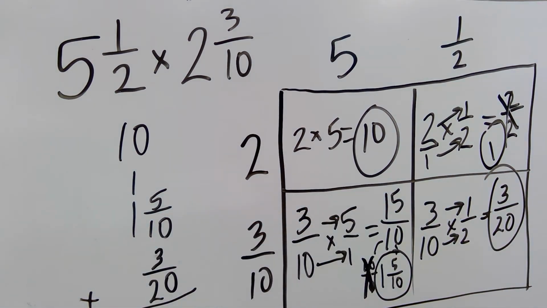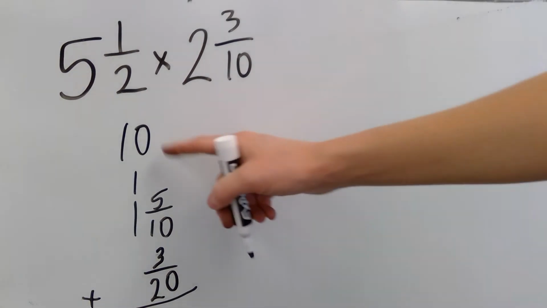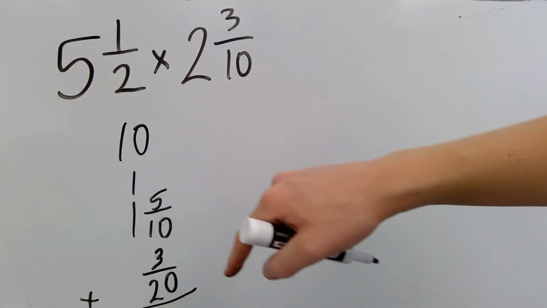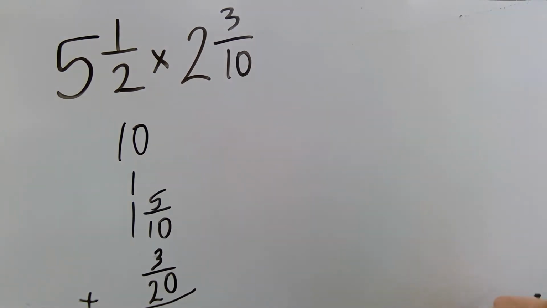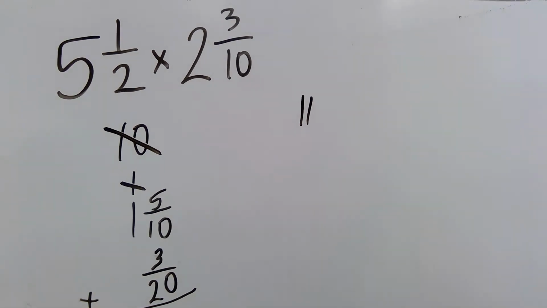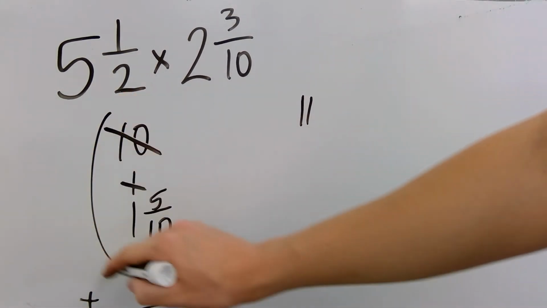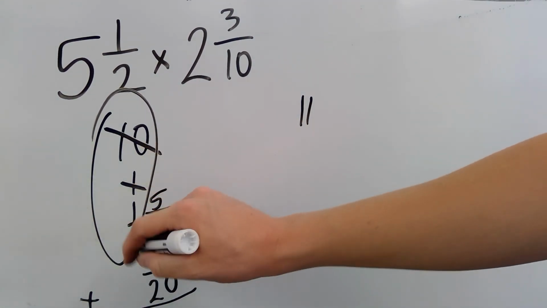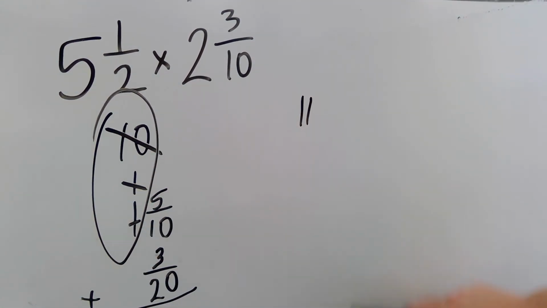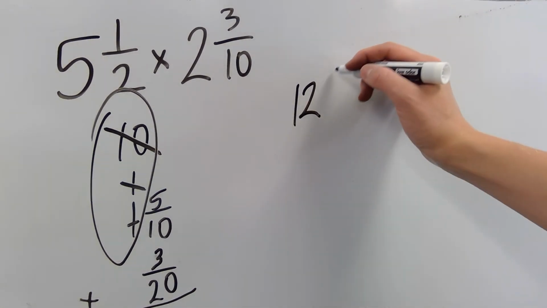So I'm adding 10 plus 1 plus 1 5/10 plus 3/20. Well, we can simplify part of this. I could take my 10 and 1 and add those two together. 10 plus 1 is 11. And I could take this whole number too and group it in with all of them. 10 plus 1 plus 1 would equal 12.